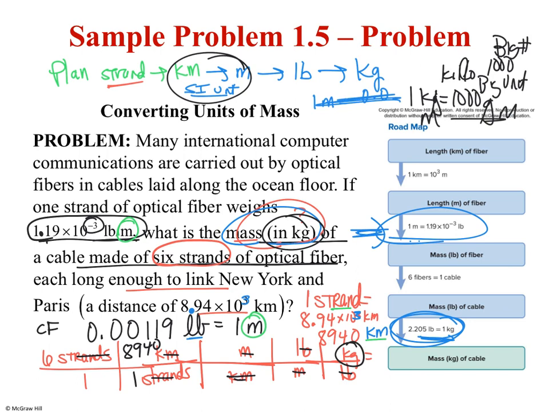Okay, so 1, small number with big unit, 1,000 meters. And then we have here 1 meter goes with meter, and pound is 0.00119. And then here we look at a chart and we see that we have 2.205 pound for 1 kilogram.